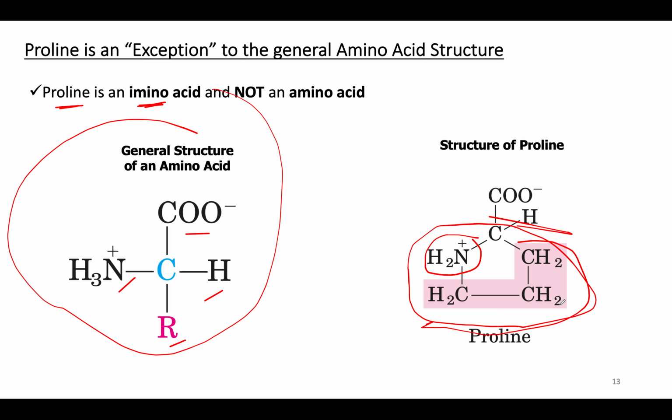So if I give you 5 amino acids and I ask you which of the following amino acids has a pyrrolidine ring, the answer to that is proline. This particular group of the pyrrolidine ring is called an imino group, and therefore proline is the only imino acid.